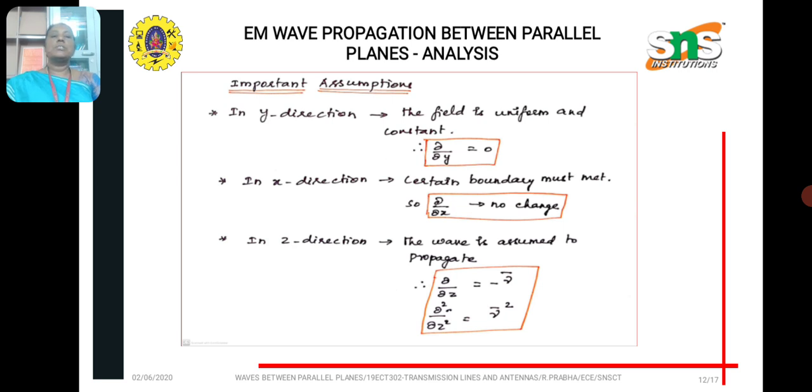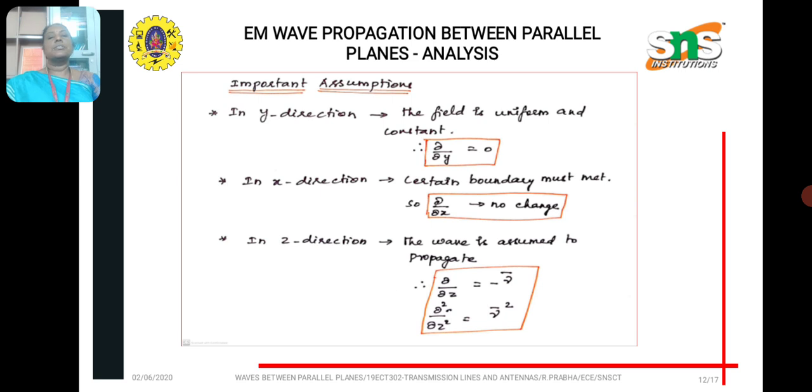So in y direction, dou by dou y is 0. And in x direction, there are certain boundary conditions because the parallel plane boundary is in x direction. So we cannot make any assumptions in x direction. We have to get the x value from the analysis.